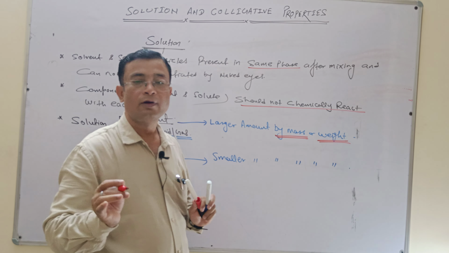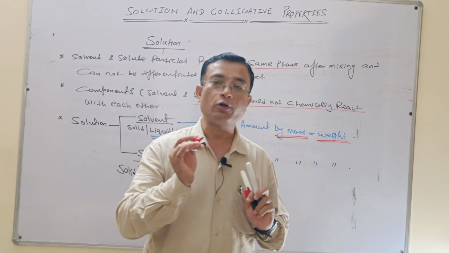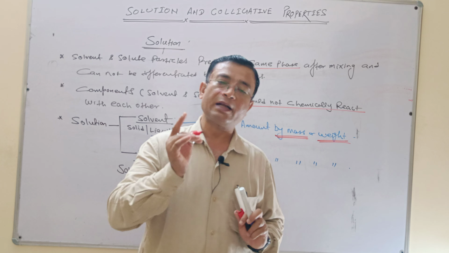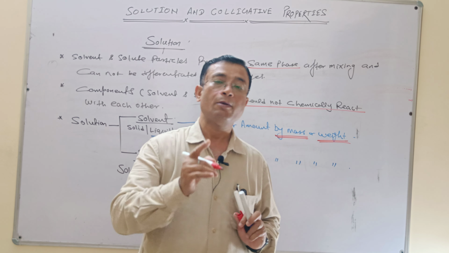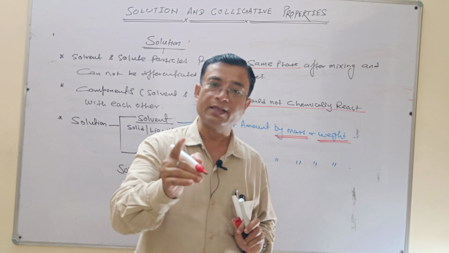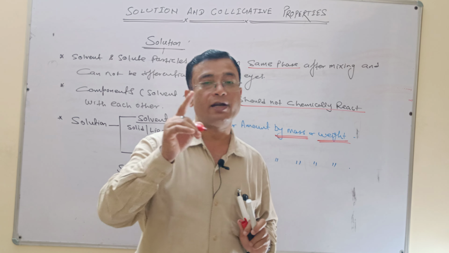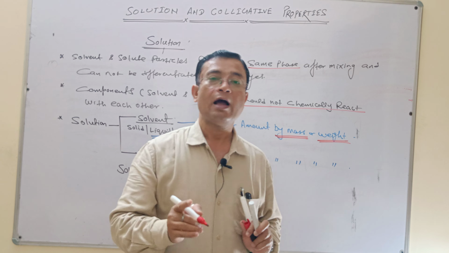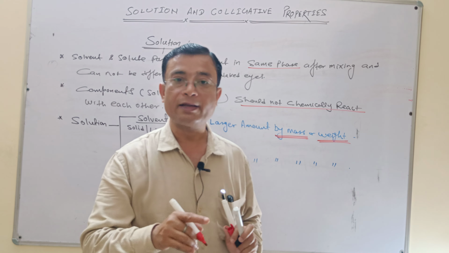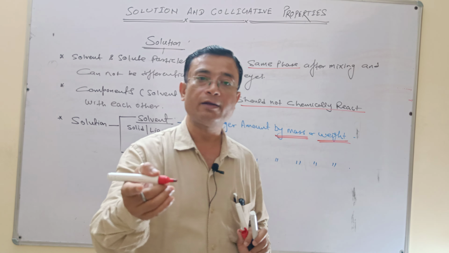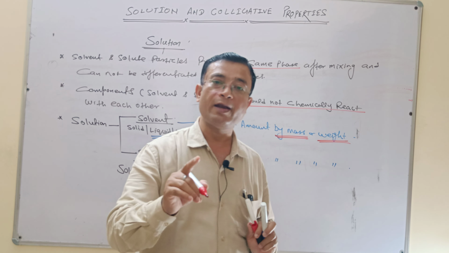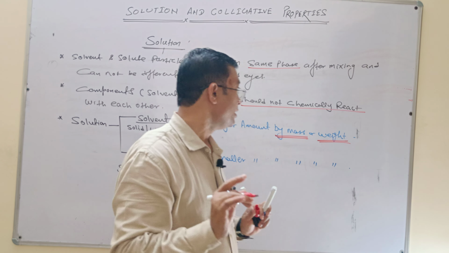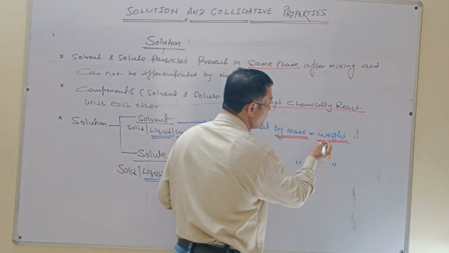It is because mass and weight both are standard. In chemistry, I want to clarify that mass and weight are the same thing. In terms of physics, both are different things. But in terms of chemistry, mass or weight are the same thing. Whether you say atomic mass or atomic weight, equivalent mass or equivalent weight, molecular mass or molecular weight, both are the same. Then why have I mentioned mass or weight here?